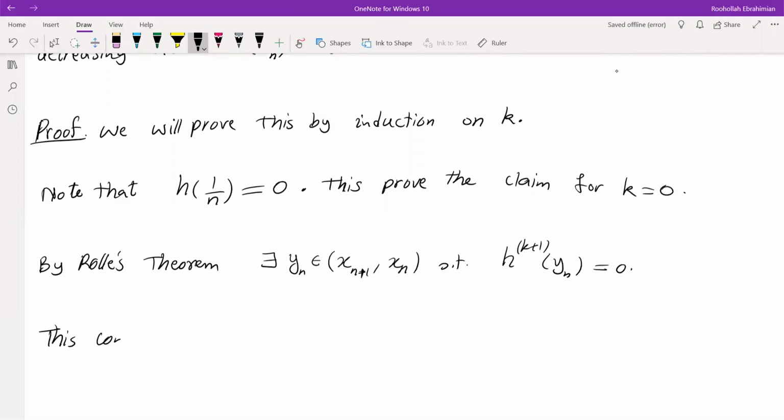This completes the proof of the inductive step.